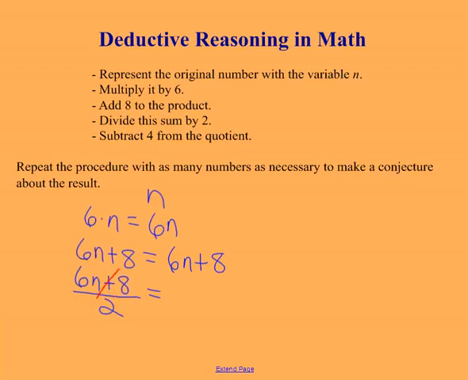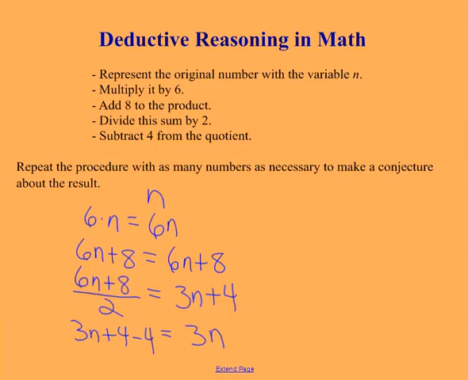And then we're going to do 8 divided by 2, and we know 8 divided by 2 is 4. So in this case, we end up with 3n plus 4. All right, and then our final step in the process is to subtract 4 from the quotient. So we're going to do 3n plus 4, and then we subtract 4, so it's minus 4. Well, of course, 4 minus 4 is 0, so this ends up giving us just 3n.